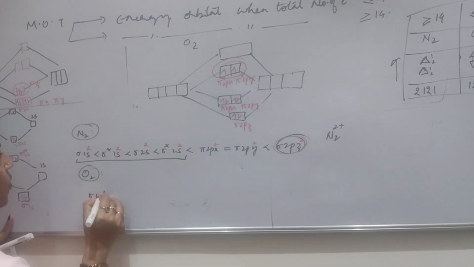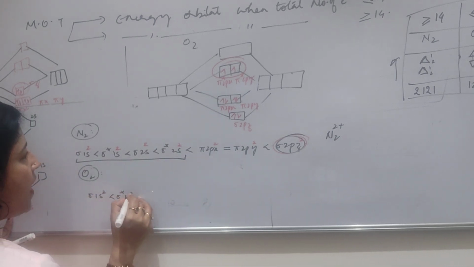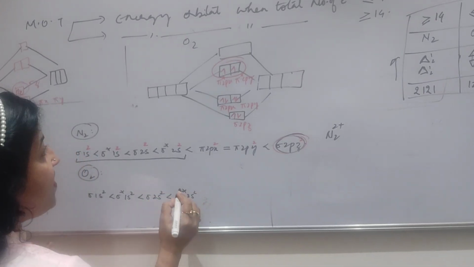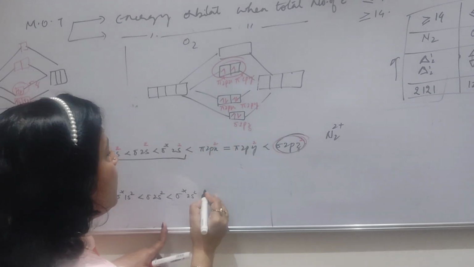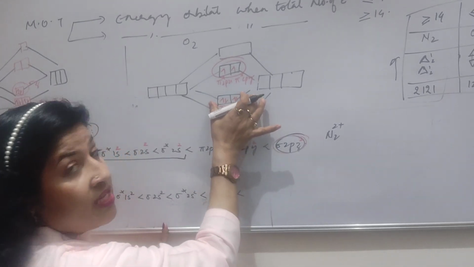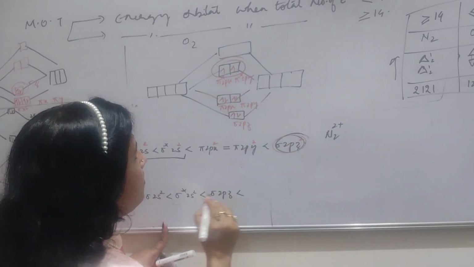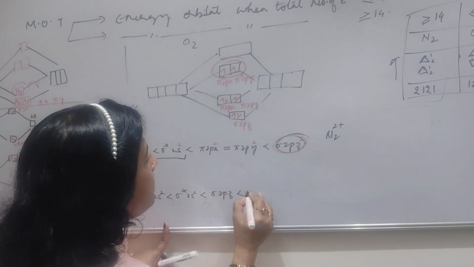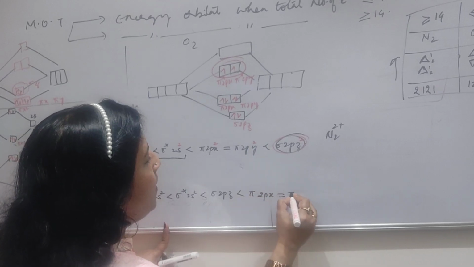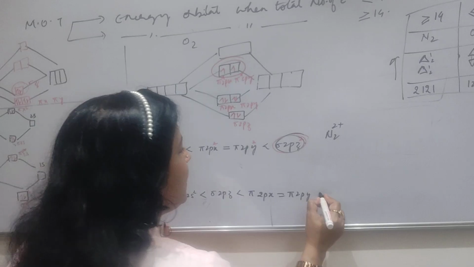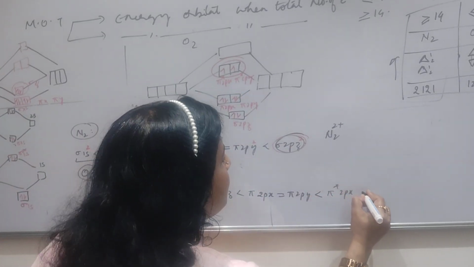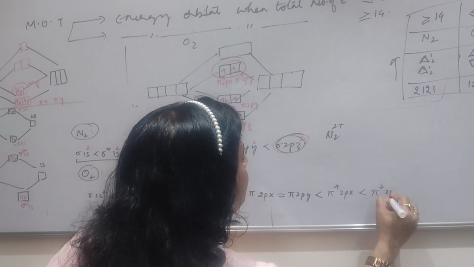That is sigma 1 square, sigma star 1 square, less than sigma 2 square, less than sigma star 2 square, less than sigma 2pz, which is less than, but these two are of the same energy, not symmetry, same energy, that is pi 2px, which is equal to pi 2py, which is less than pi star 2px, which is less than pi star 2py.